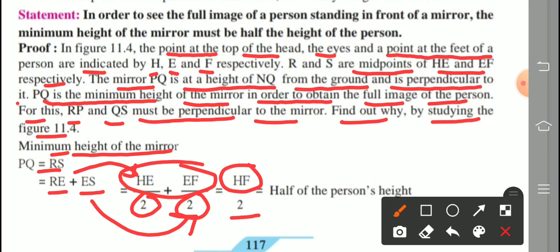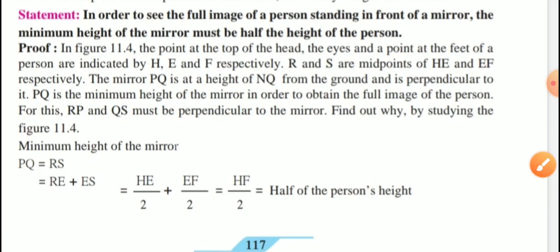HF is the height of the person. So HF upon 2 is half of the person's height. PQ equals HF upon 2, which is half of the person's height. That much mirror size is required for the person to observe his full image in the mirror.